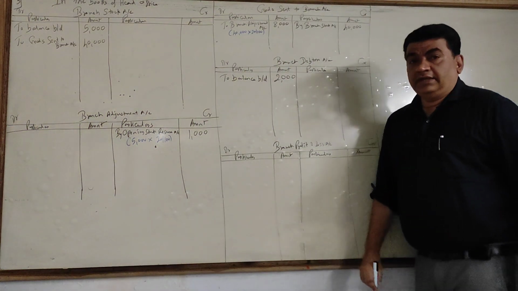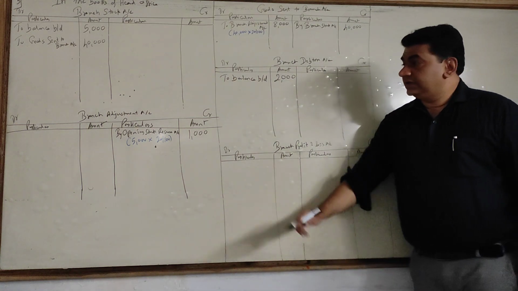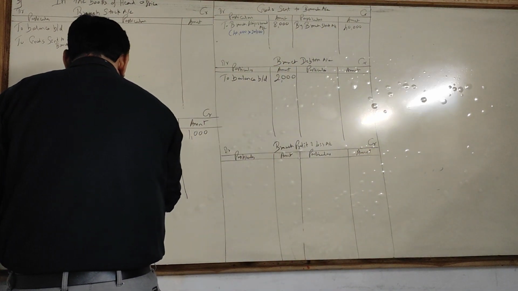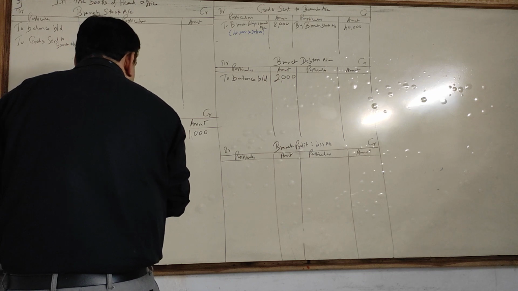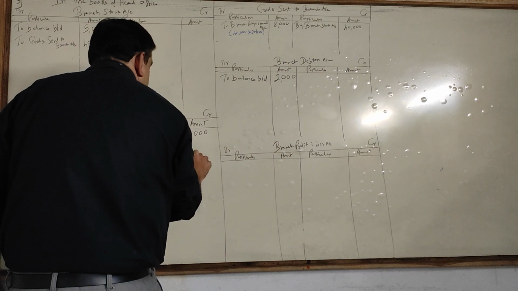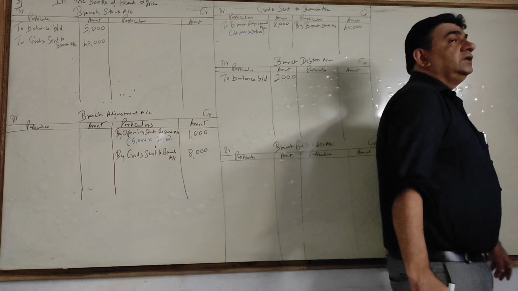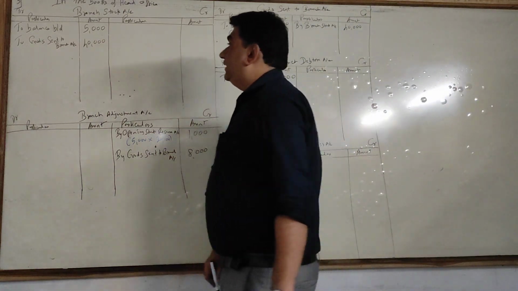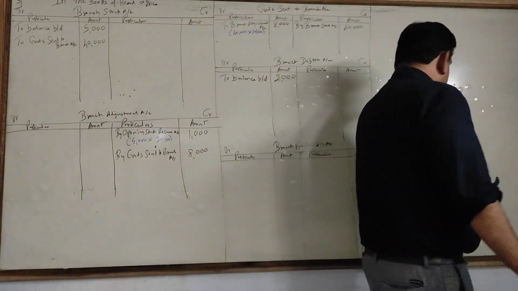To branch adjustment, and come to the credit side of branch adjustment, where you will write by goods sent to branch account 8,000.